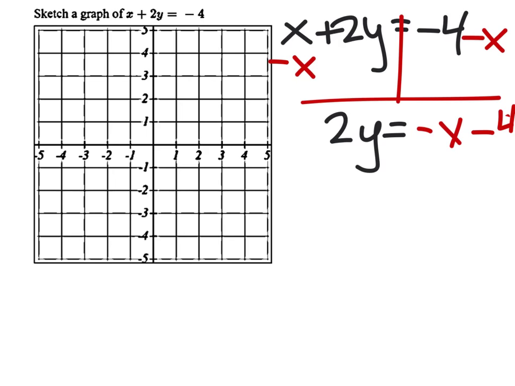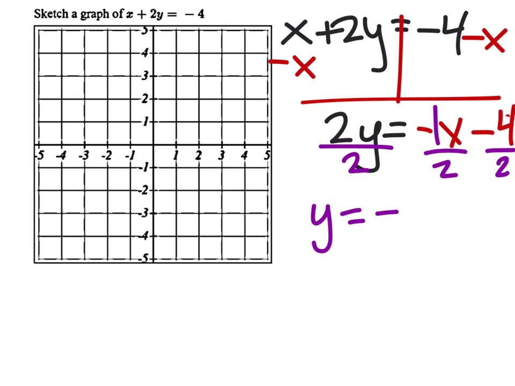Now it looks a little bit more like that slope-intercept form. Now we just need to get rid of that 2 that's being multiplied by the y by dividing everywhere by 2. So that gives me y equals -1/2 x, because it is the same and it looks a little bit prettier. And then -4 divided by 2, which is -2.